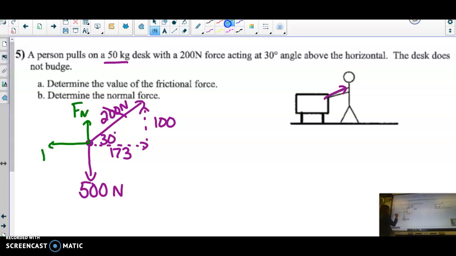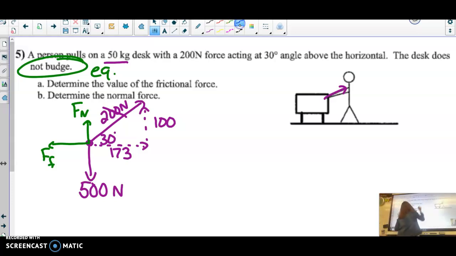And I also have a frictional force opposing my motion. Now, because it's not budging, that means that this is in a state of equilibrium. So my up arrows and my down arrows have to balance, and my lefts and rights have to balance. So therefore, my up arrows are this one and this one, and they have to balance the down arrow of 500. So I already have 100 up.